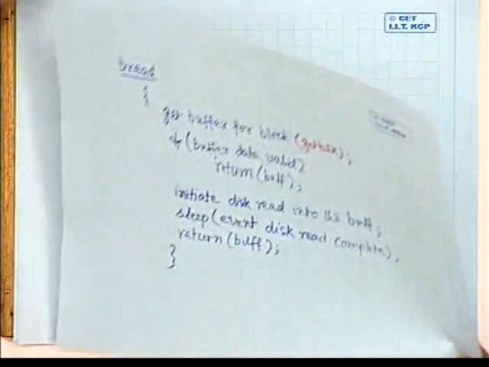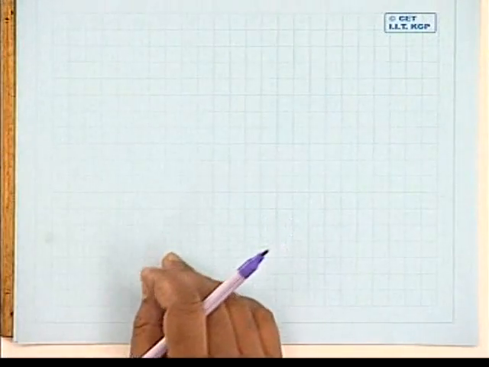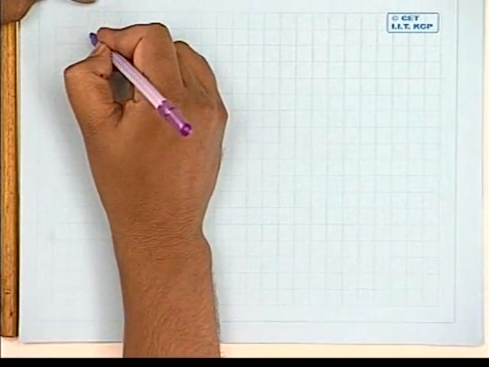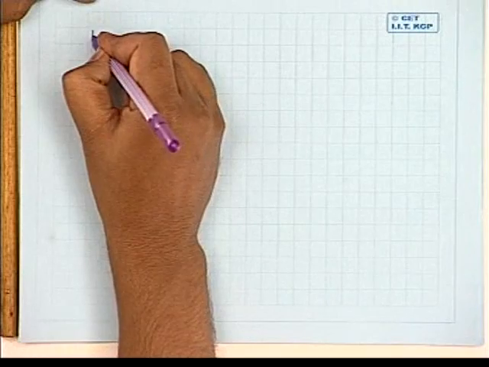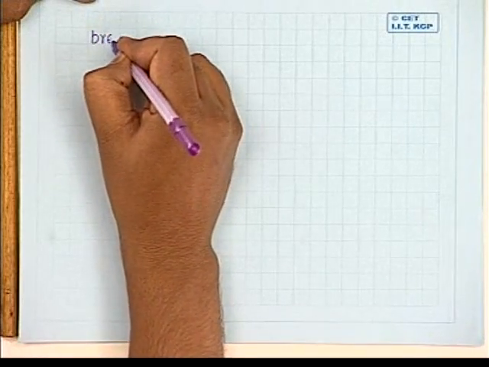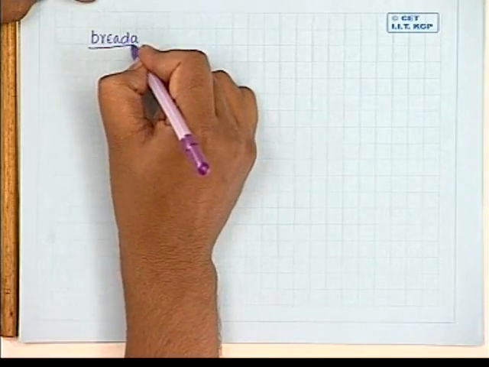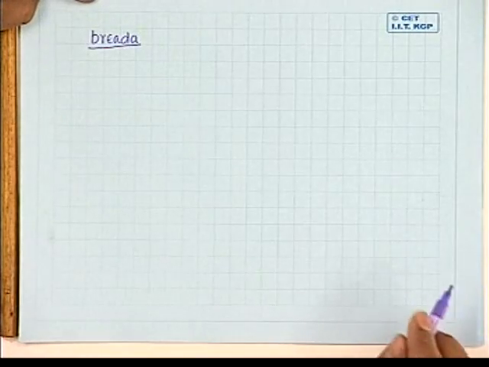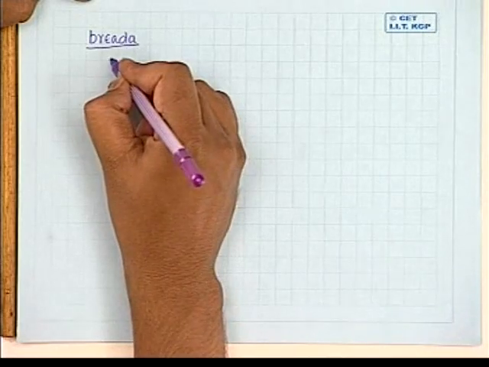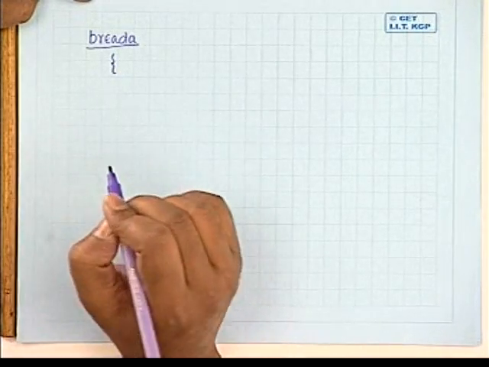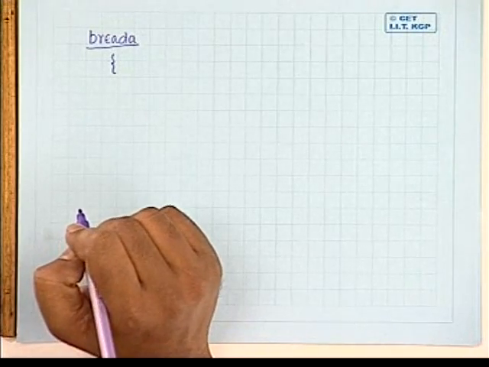So accordingly, we have an algorithm which is called the block read ahead algorithm. In this block read ahead, you have to check whether the first block is available in the cache or not.